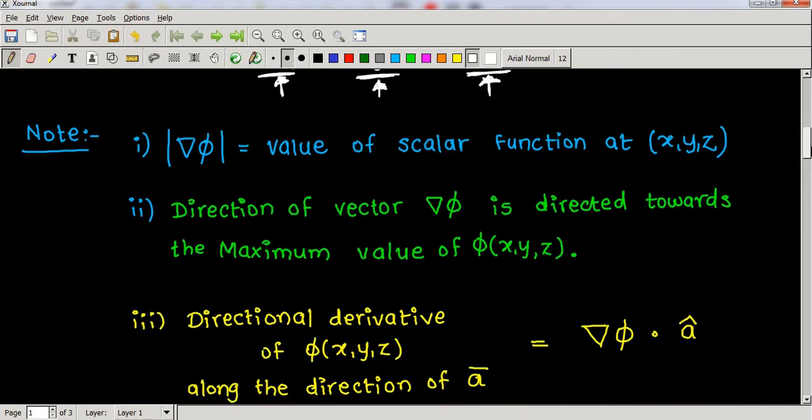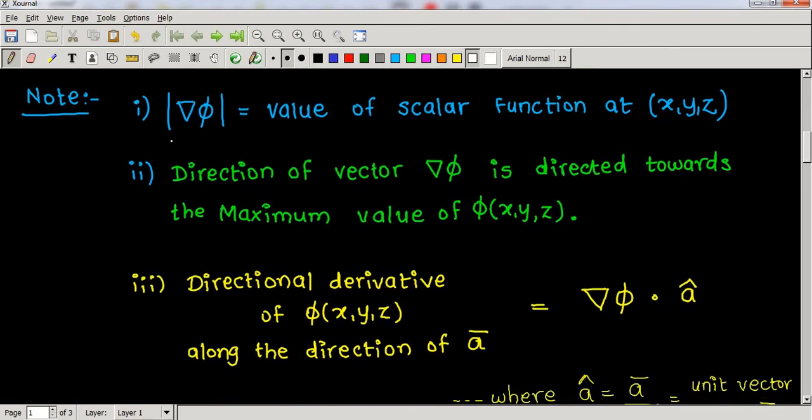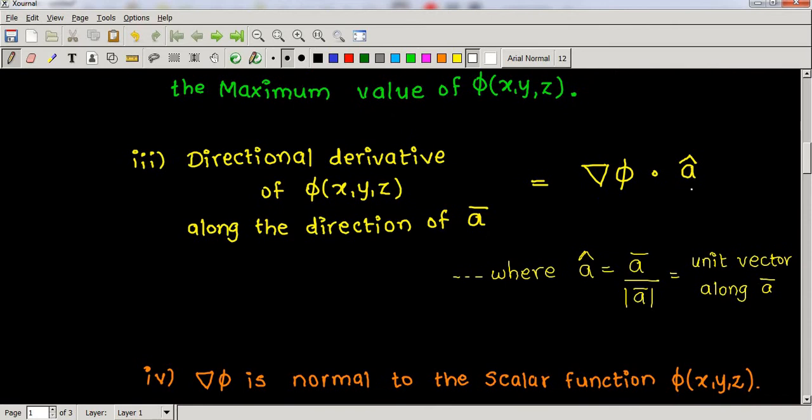Associated with the gradient, there are a few remarks. The magnitude of the gradient vector gives the value of the scalar function at specific values of x, y, z, whereas the direction of this vector del phi is directed towards the maxima of the scalar function phi of x, y, z. To evaluate the directional derivative of phi along the direction of vector a bar, we take the dot product of del phi with the direction of a bar.